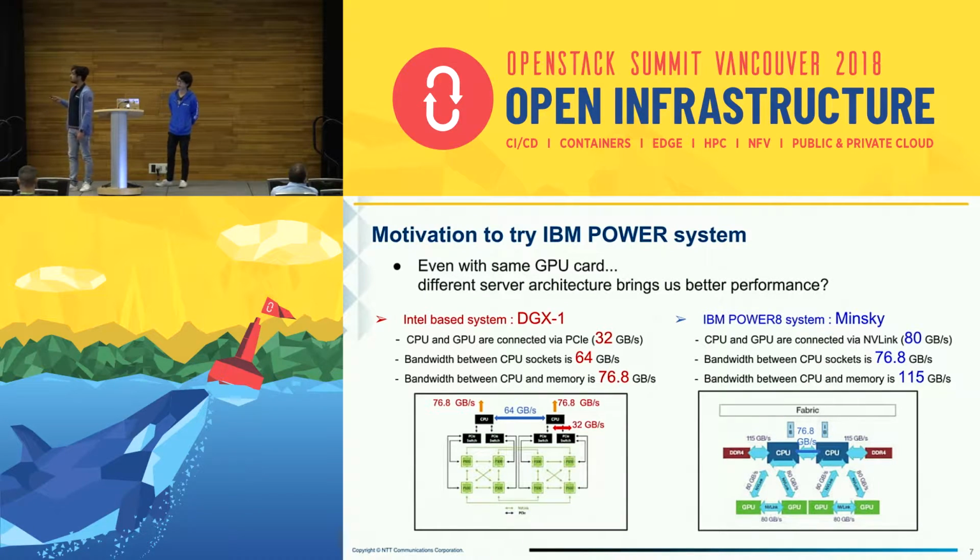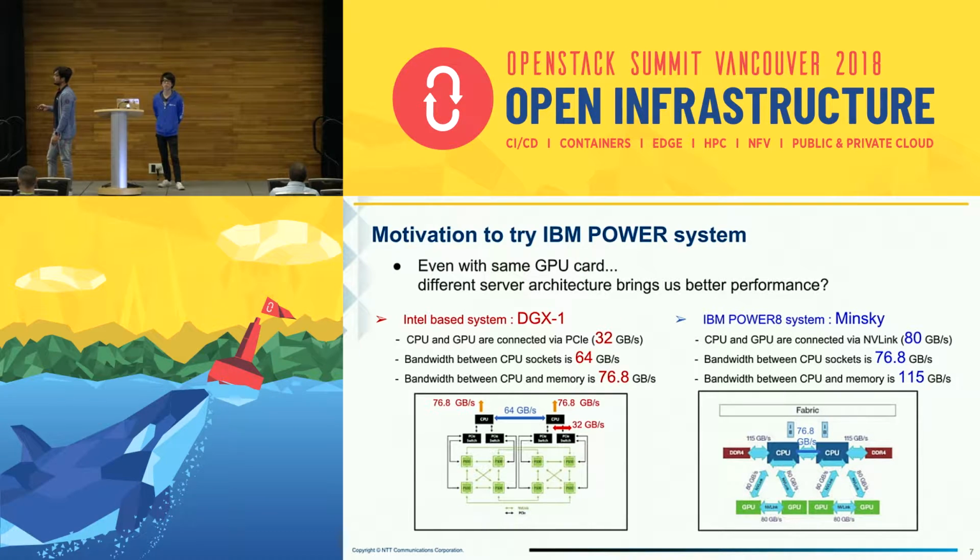This is our main motivation for using the IBM Power system. As you can see in the bottom left figure, this one is an Intel-based system called DGX1. And this one is an IBM Power system, also known as Minsky. Minsky is a code name for that. In Minsky, CPU and GPU are connected via NVLink.